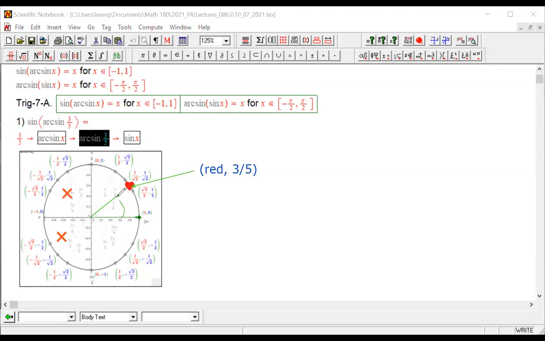Is this guy. Whatever it is, you don't need to know its actual value. You just know that you're going to apply sine to this angle. If you apply sine to this angle, what do you get? You get a sine ratio. What is the sine ratio? The sine ratio is the blue number. Therefore, the answer is going to be 3/5.